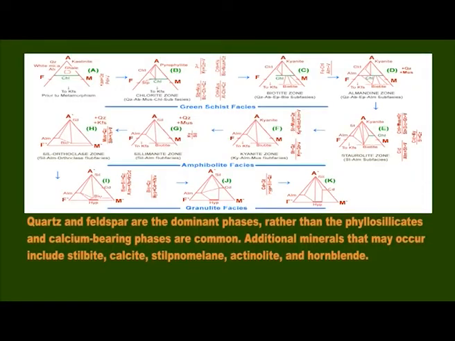Quartz and feldspar are the dominant phases rather than the phyllosilicates, and calcium-bearing phases are common. Additional minerals that may occur include sphene, calcite, scapolite, actinolite, and hornblende. Characteristics of pelitic rocks.